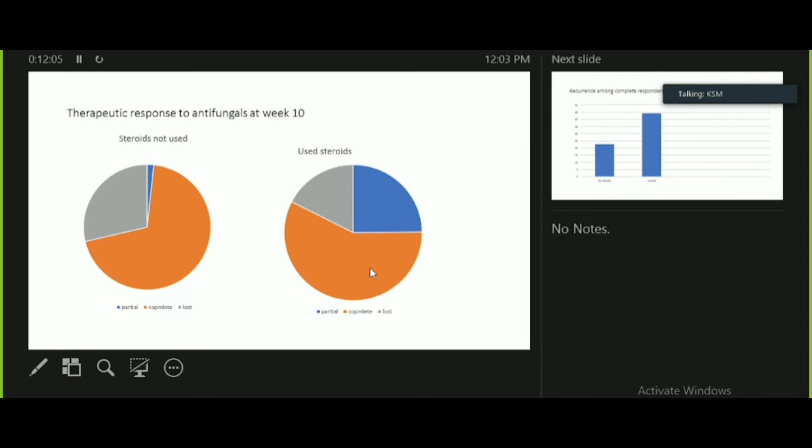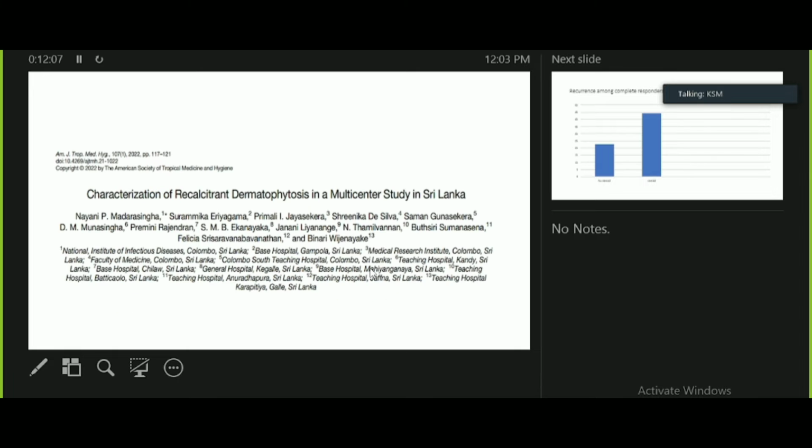So they included nearly 800 patients having dermatophyte infection, and they found that 58% of these patients were previously treated with steroids when they came to the clinic. So 58% is a very high number.